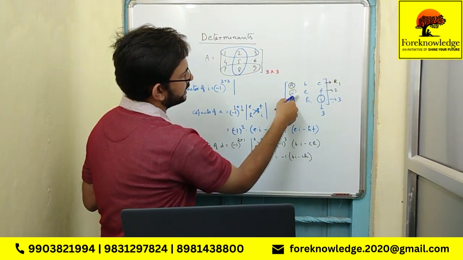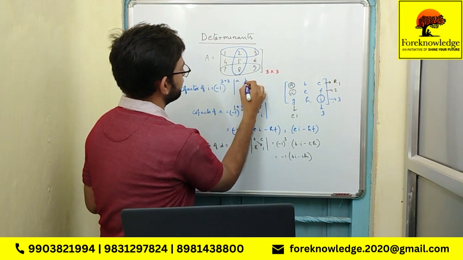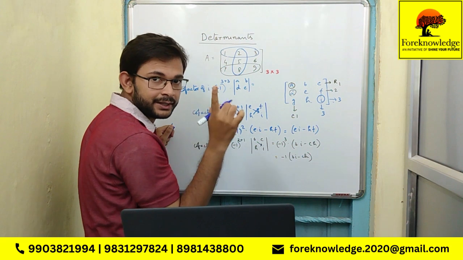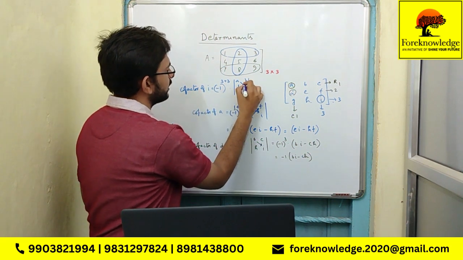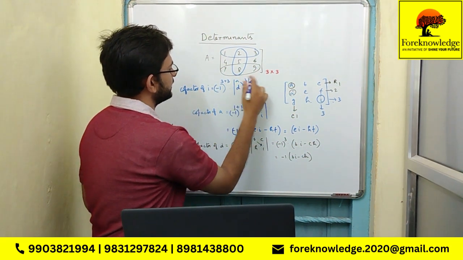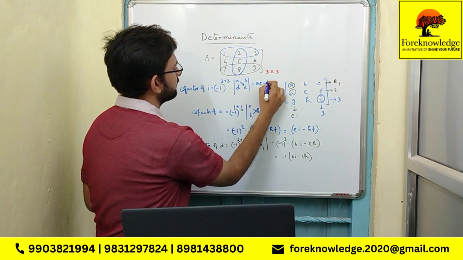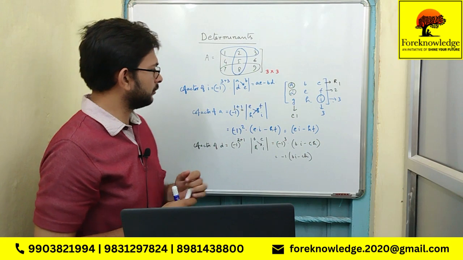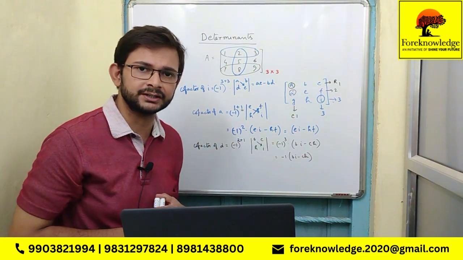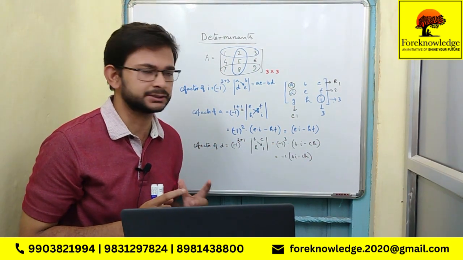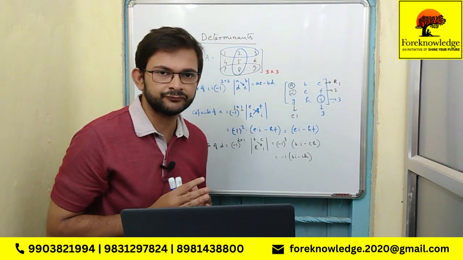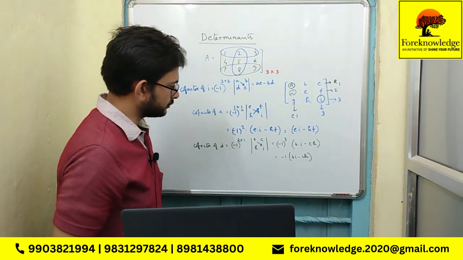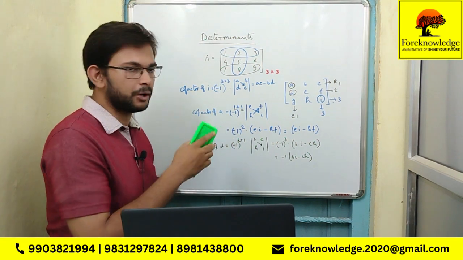So A, B, D, E. Minus 1 to the power 6 is 1 into AE minus BD. That is how we calculate the cofactor of an element of a matrix. Cofactor can be calculated for each and every element of the matrix. Got it? So now let's move on to the problem.